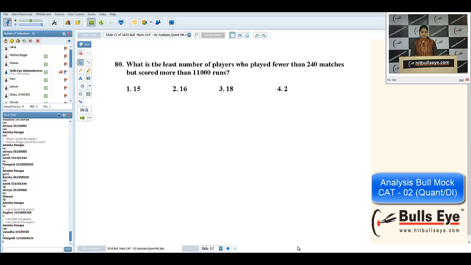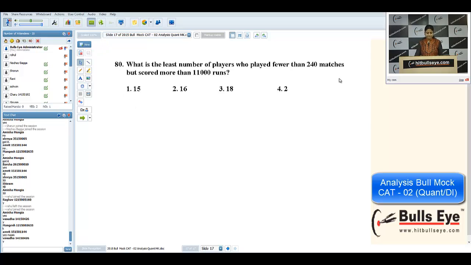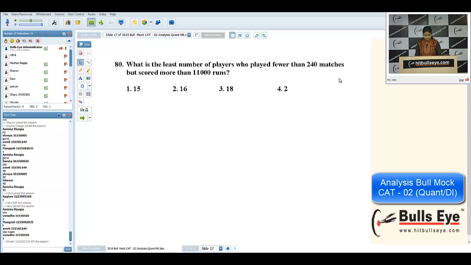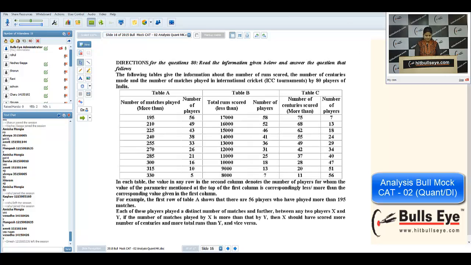This is the question. What is the least number of players who played fewer than 240 matches but scored more than 11,000 runs? Should I explain this sum? Okay. See, what is the question?